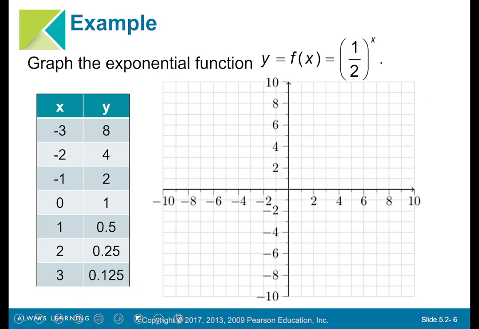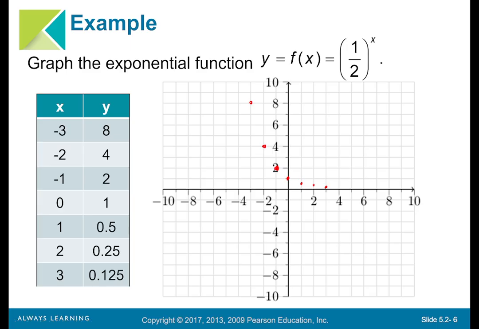So let's graph this. So we have our graph on the left. All those points that we just solved, we have in our table. Let's plot each of those. We have negative 3, 8, negative 2, 4, negative 1, 2, 0, 1, 1, 0.5, 2, 0.25, and 3, 0.125.